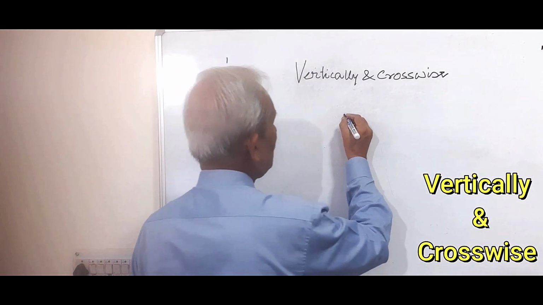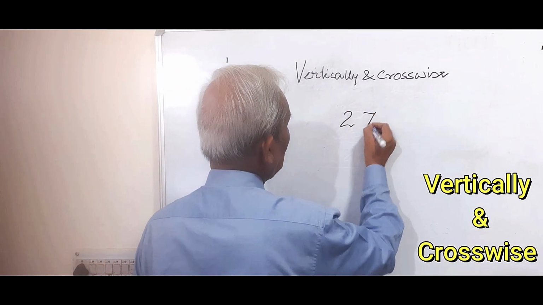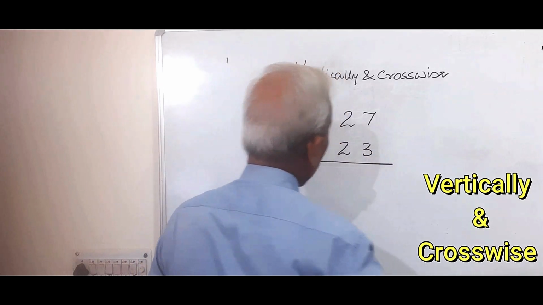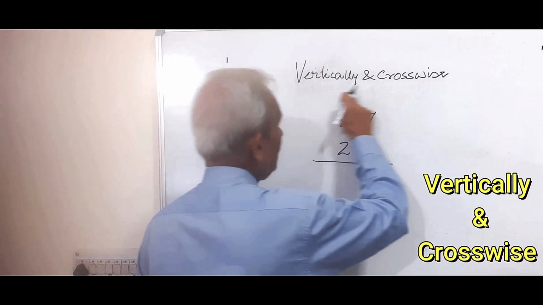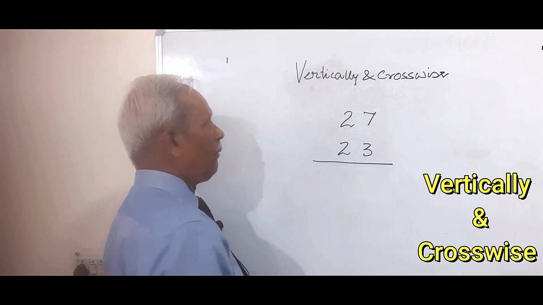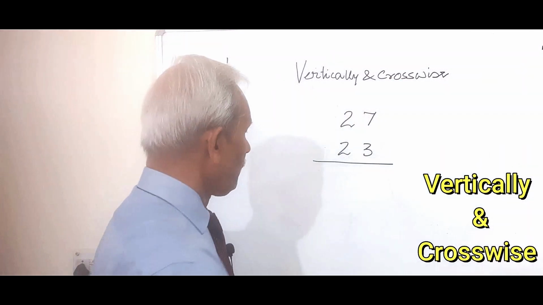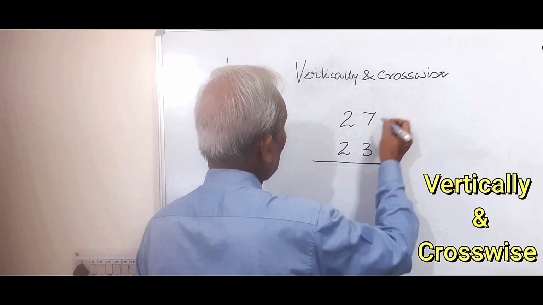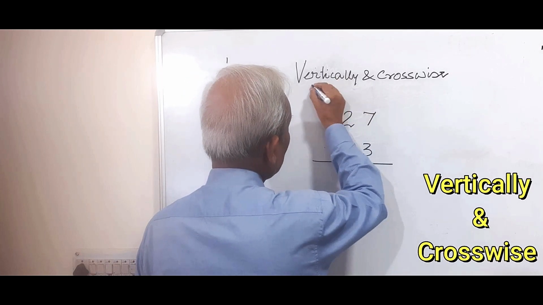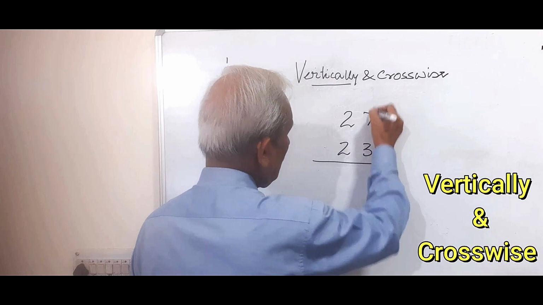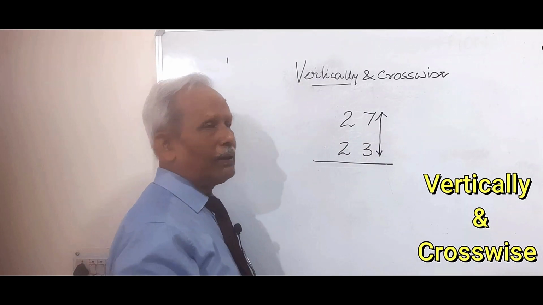Say for example, we need to multiply 27 with 23. Suppose we want to use vertical and crosswise here, because vertical and crosswise can be used anywhere, in any problem. So what do we do? Vertically means, when you multiply these two numbers with each other, 7 with 3 is known as vertical.